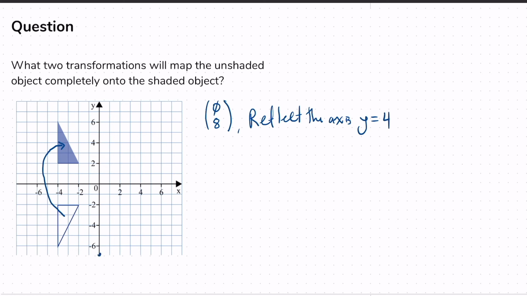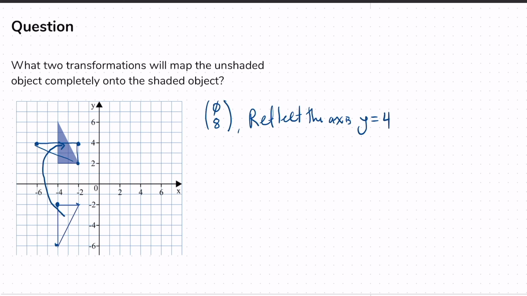So 6 o'clock becomes 9 o'clock. Now what that does, if you can see, is it moves this space over to here, this space to here, and this space out to here. So we have this triangle here.